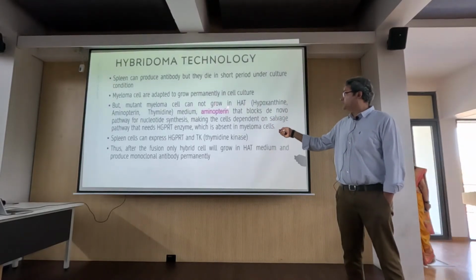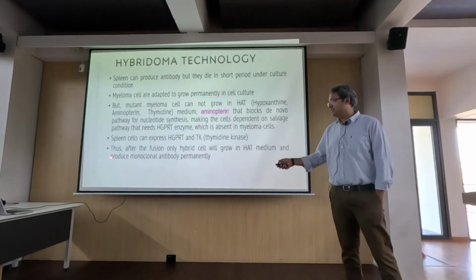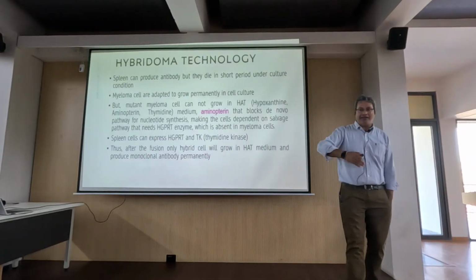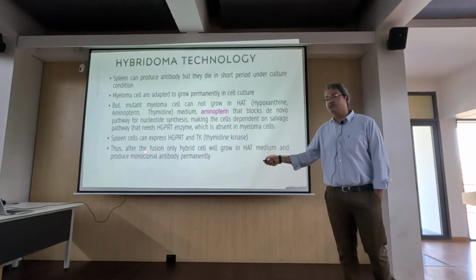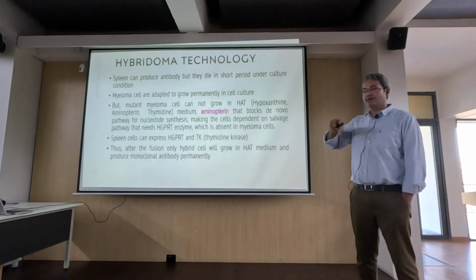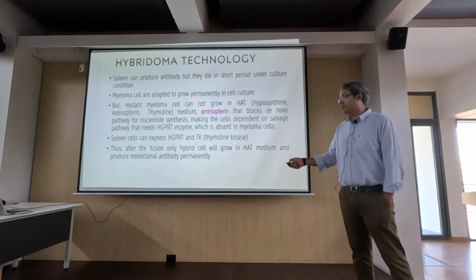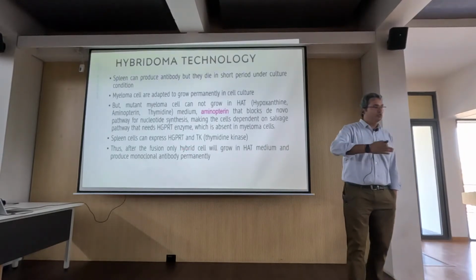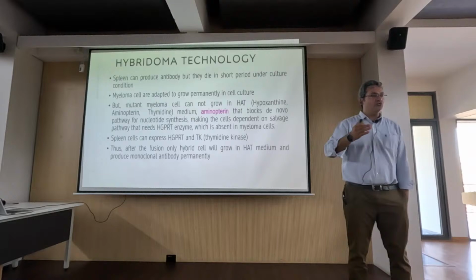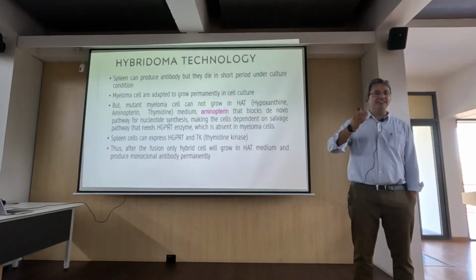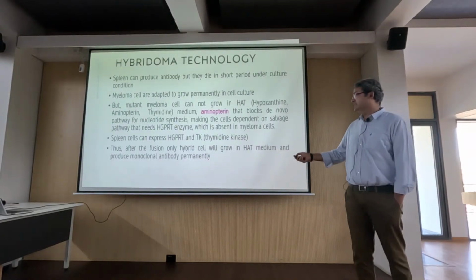But due to this particular selection, only those cells which are rightly fused, spleen with myeloma, will survive, because they take some characteristic from both cells. Then whatever has been recovered, you isolate in single cells, because you need a monoclonal antibody, a single specific antibody.